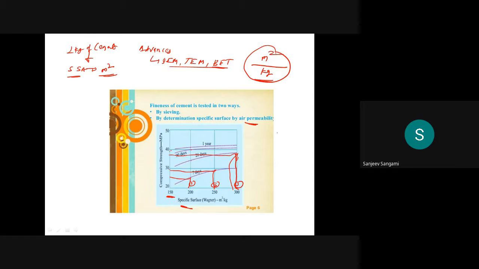as the SSA goes on increasing, your compressive strength, that is strength in terms of MPa, is increasing. Then how is the surface area going to increase?